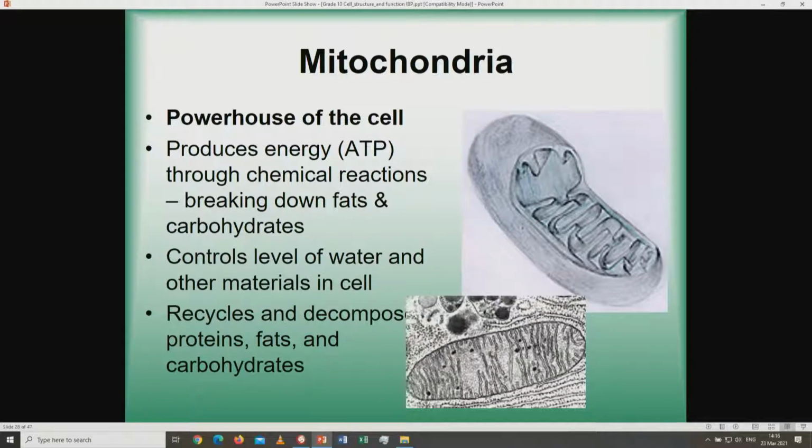Then the mitochondria. The mitochondria, as I call it, is your powerhouse. It gives you the energy to do all the different parts of the cell. It helps you with transferring nutrients. It also helps you to store large amounts of proteins, which helps us with cellular respiration.